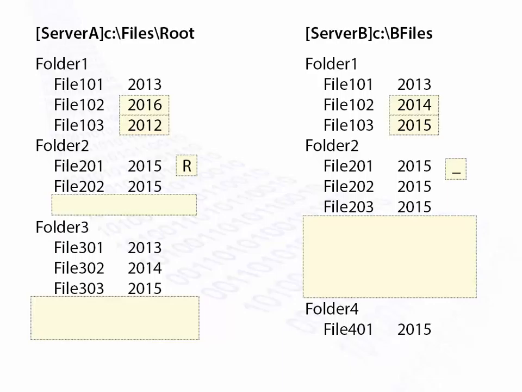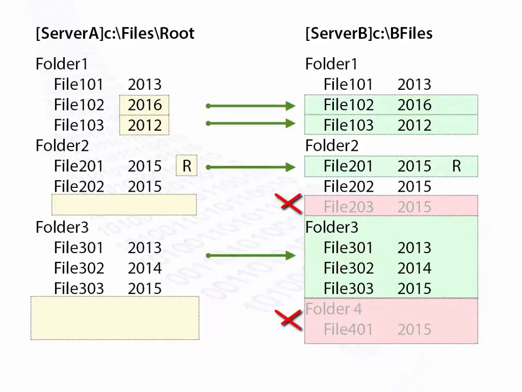In our examples for handling rules, we're going to use two different root folders located on two different servers. The items highlighted in yellow are the differences between these root folders, and we'll see how each rule affects those files. In a mirror rule, any file that is different is copied to the destination.